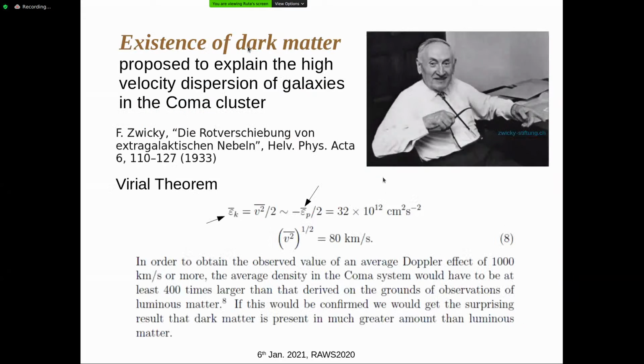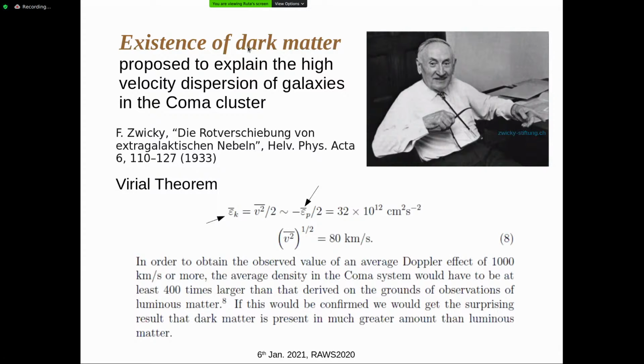Starting from Coma and galaxy clusters in general, there was a very interesting implication of these systems that was first noticed by Zwicky. The existence of dark matter itself was basically proposed based on the observations of the velocity dispersion measurements of galaxies in the Coma cluster.